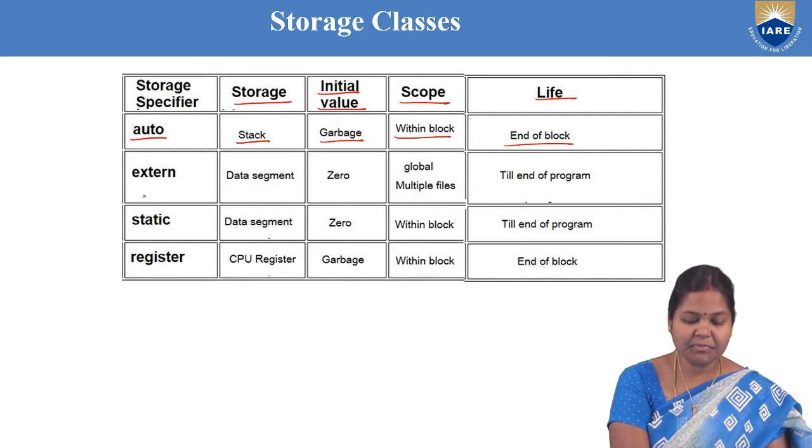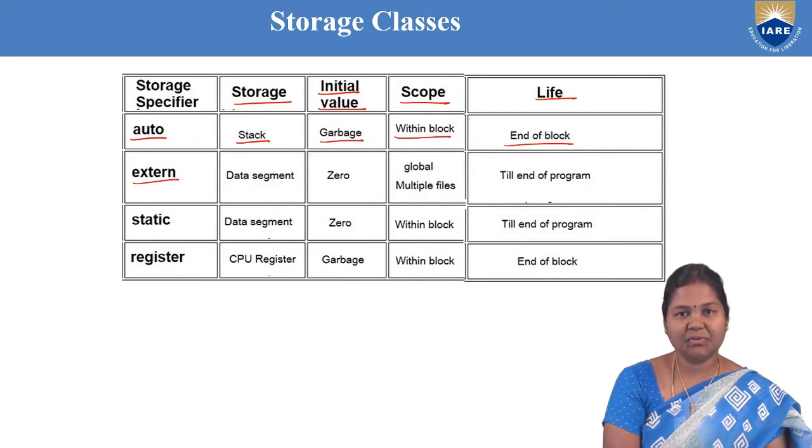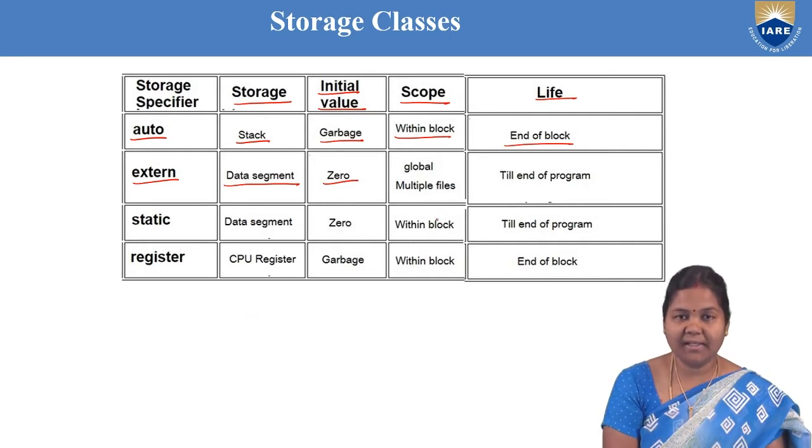The second type of storage class is the external storage class. The variables are stored in the data segment. The default initial value is 0, and the scope is global across multiple files. If a variable or a function is declared external, then its scope and lifetime are across the files, until the end of the program.